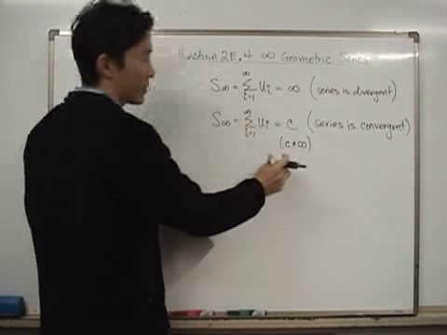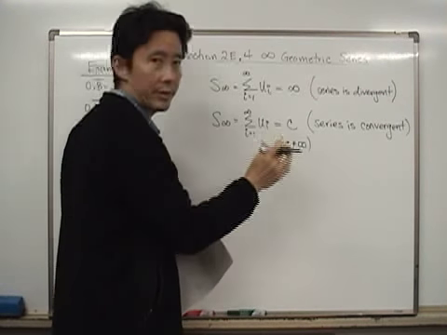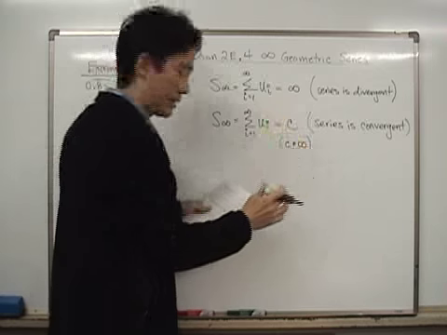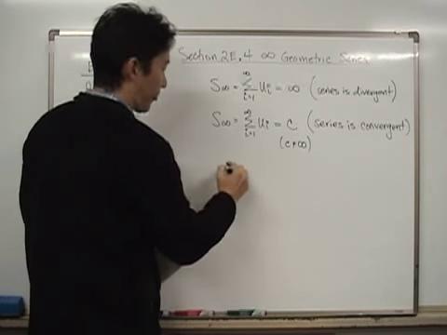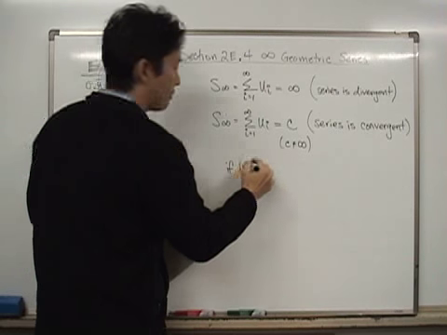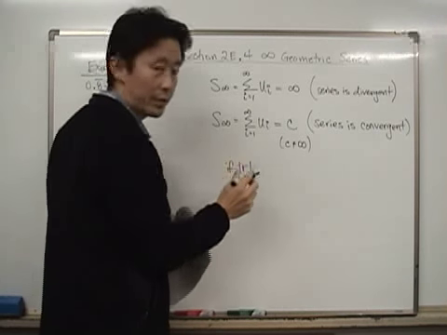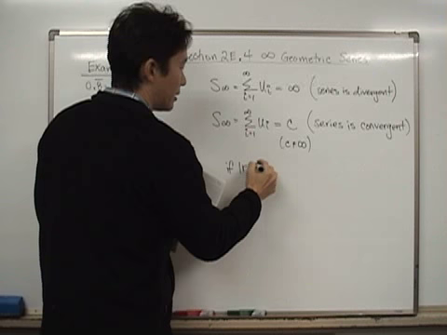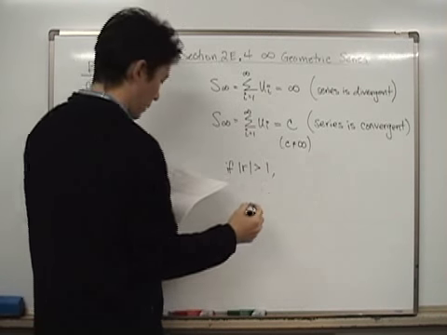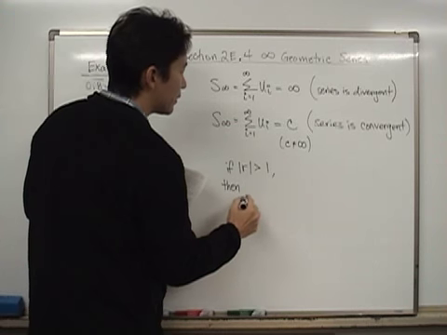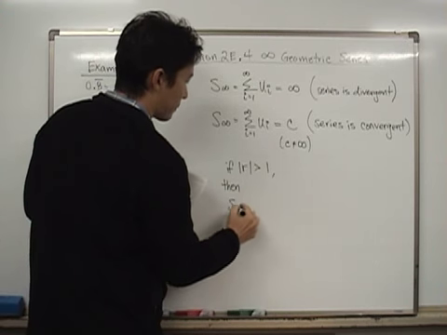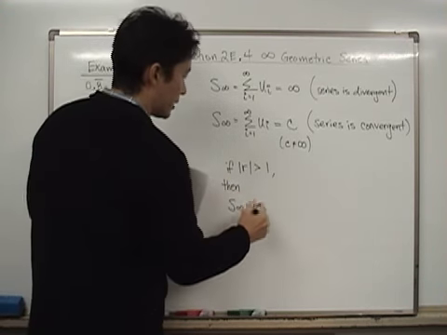Okay, so let's take a look at what needs to happen then. We're going to focus first of all on geometric series, and we're only going to look at geometric series. Now, if the absolute value of r is greater than 1, then the infinite series is divergent.